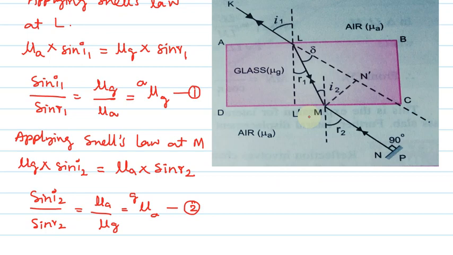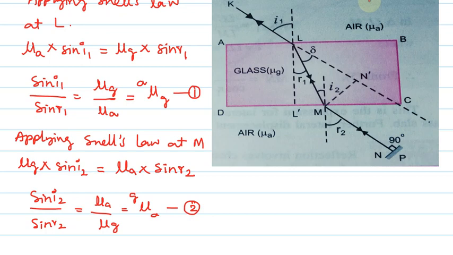Now in this ray diagram, imagine a plane mirror P held normal to MN, so that on reflection from the mirror, path MN is reversed. The ray would retrace its entire path. So here the path is retraced from N to M, then M to L, from L to K by placing a mirror at 90 degrees.